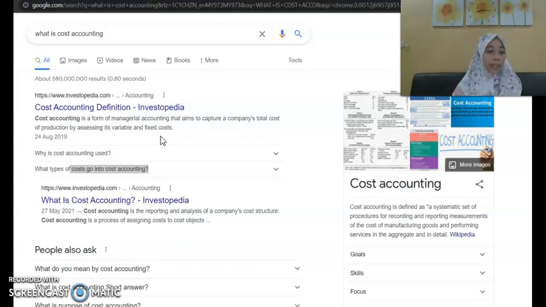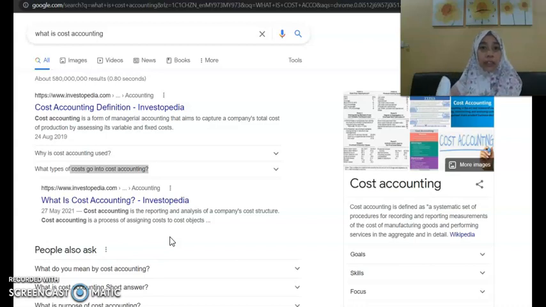So let's say you have a pen, or let's say this one, a mouse that you have, and you want to sell it. How much do you want to sell it for? If let's say you want to sell it at 10 ringgit, are you making a profit or a loss? Of course, you need to know how much the cost of your product is first. So if you sell it at 10, you need to identify your cost first.